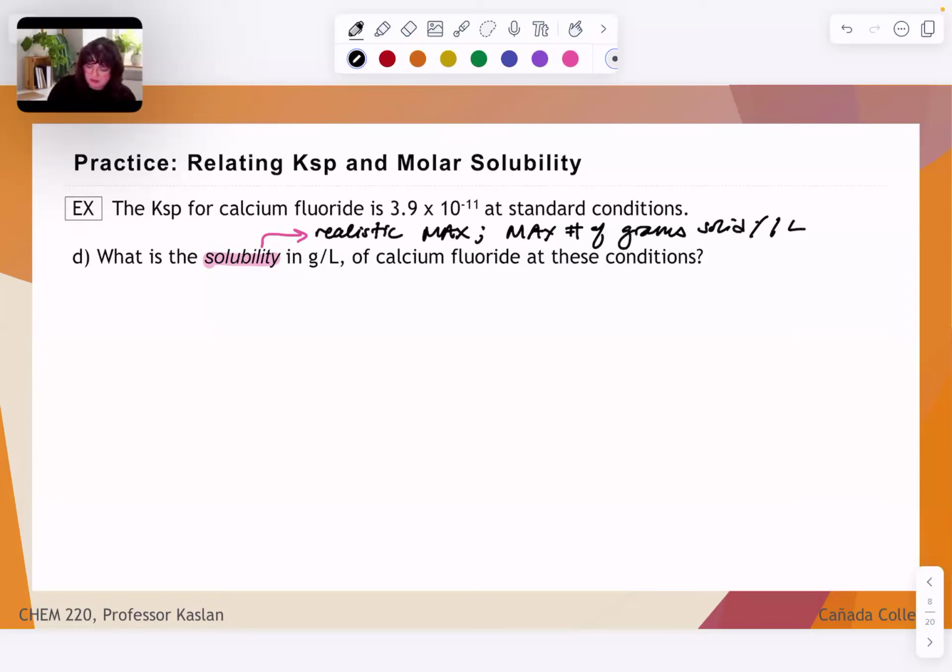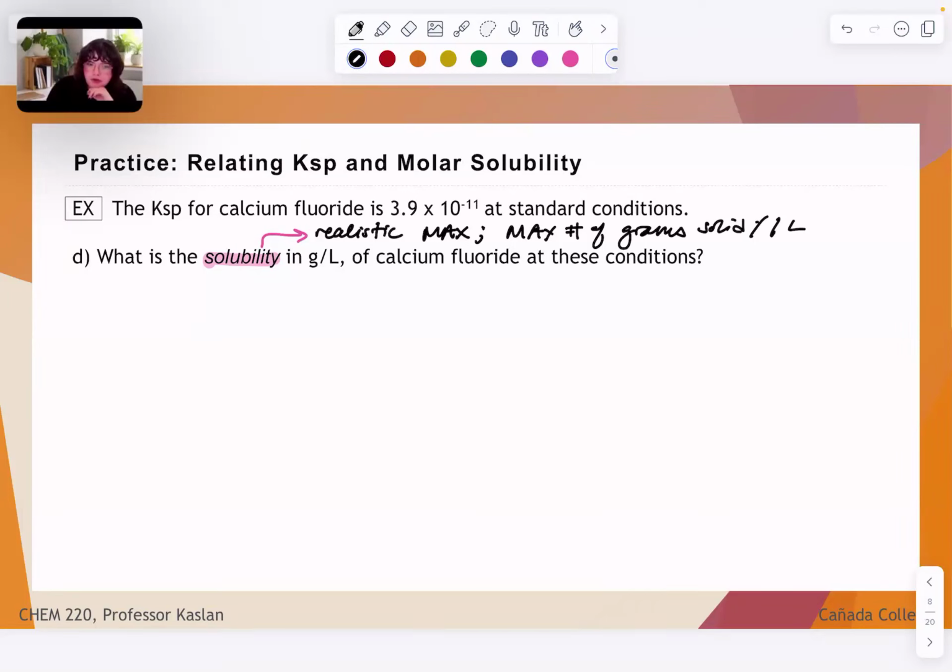And we use solubility often instead of molar solubility, because if you're trying to prepare a saturated solution, or figure out how much of this barium can I give to this person so that they actually have barium dissolved in their system, you have to think about how many grams you can administer in that particular dose.